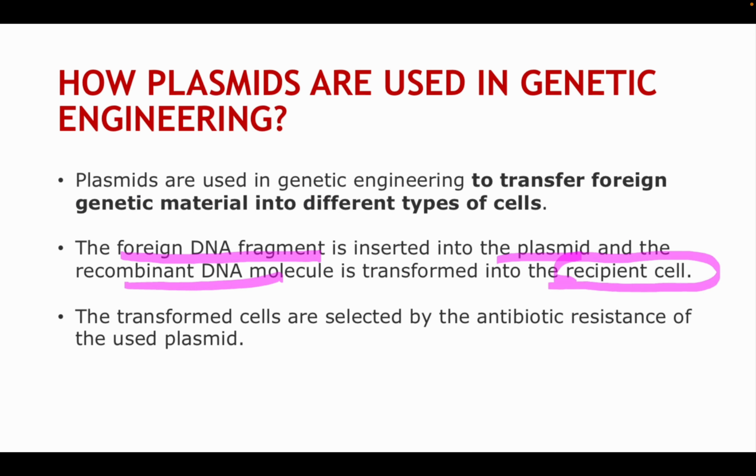So that's how the plasmid can be genetically engineered so that the recipient cell can contain the characteristic that was incorporated in the plasmid. So the transformed cells are selected by the antibiotic resistance of the used plasmid.